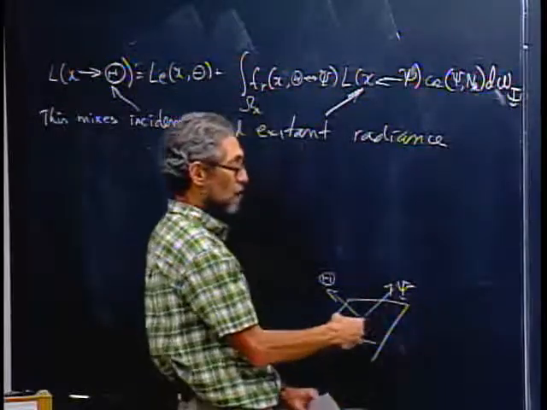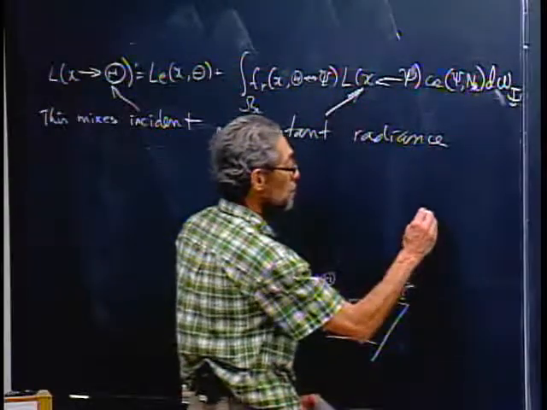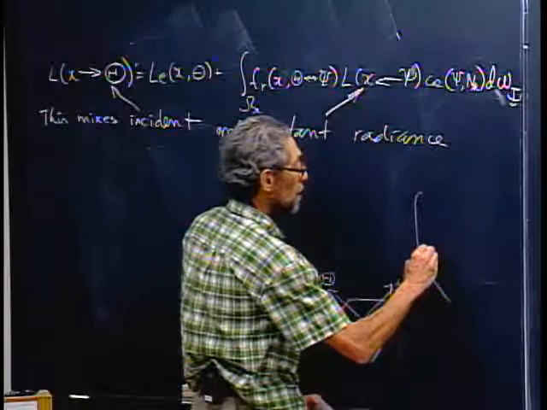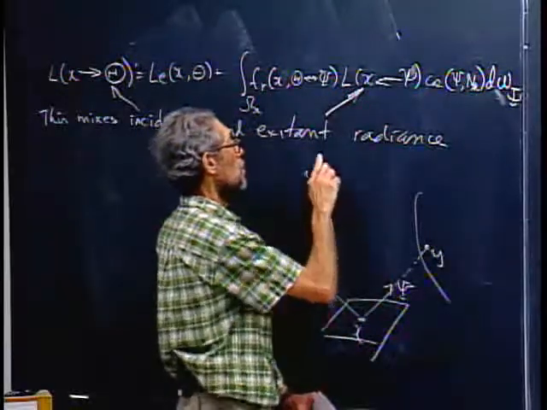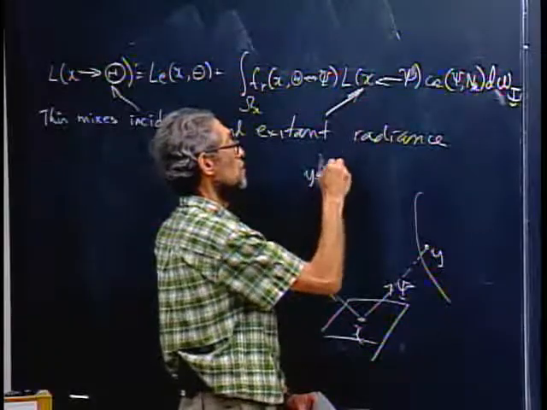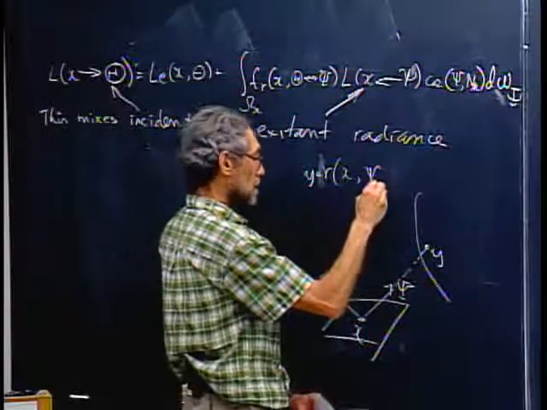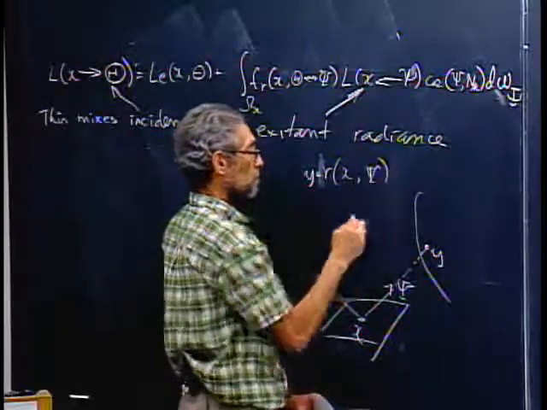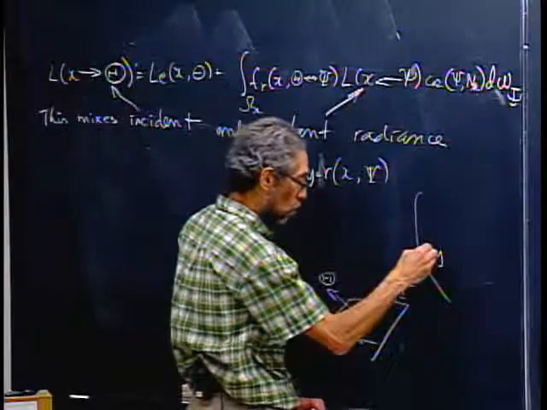And we want incoming direction from here, but what we'll do is we'll trace this until it hits some other object here at a point y. So y, I think I said before, is the ray tracing function starting at x and going in direction psi. And we'll look at the radiation from this point y.